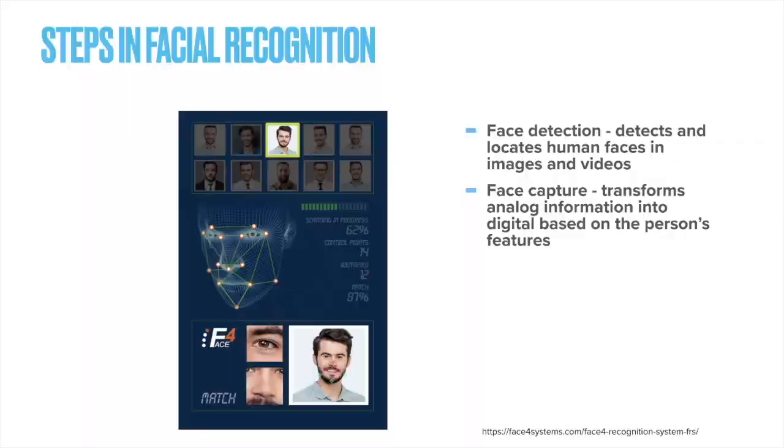And the third one is face match, where we run this information through our existing database, and if it verifies that the two faces belong to the same person, it gives a positive match. Once again, I would say it is an oversimplification of the entire process, but the objective here is to make you understand how this concept works.